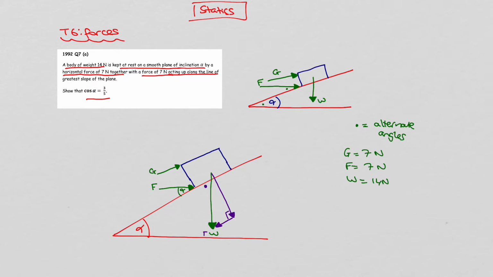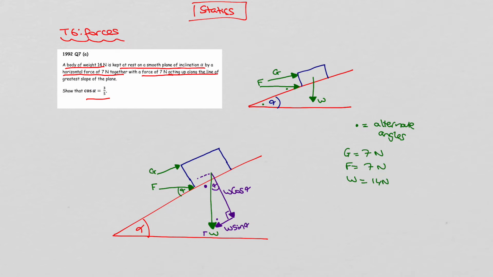That means this angle here has to be alpha, because together that would make a 90 degree angle. So that means this would be the opposite, which will be W sine alpha and W cos alpha.